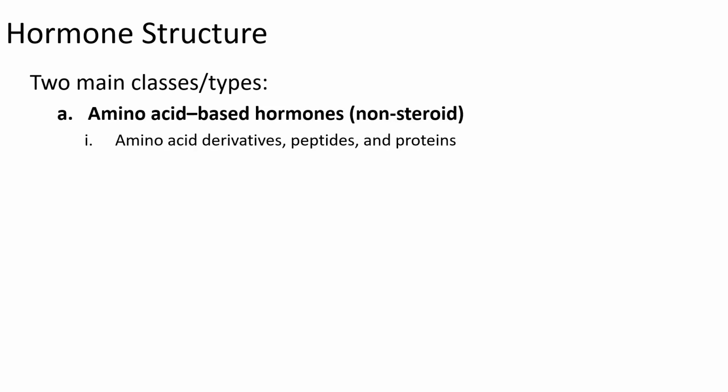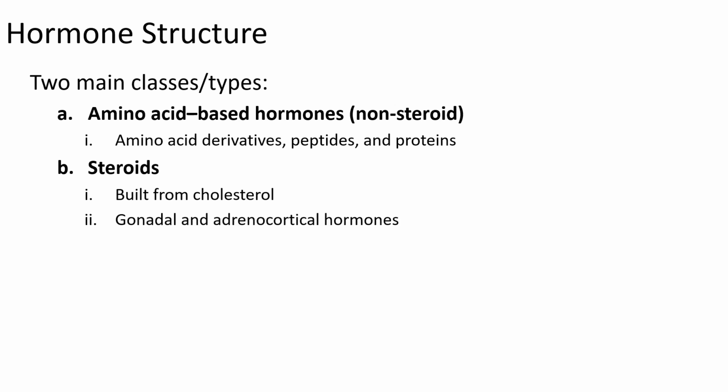Well, we can classify hormones based on their structure. We have amino acid-based hormones, which are non-steroid hormones. They can be made up of amino acid derivatives, small peptides, or proteins. We also have steroid hormones, which are built from cholesterol, okay?